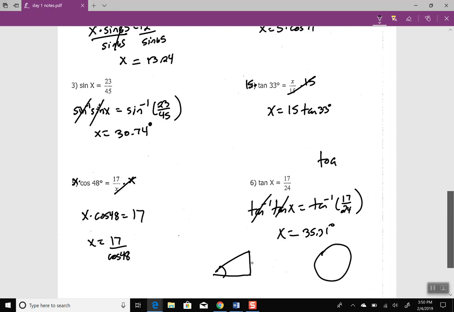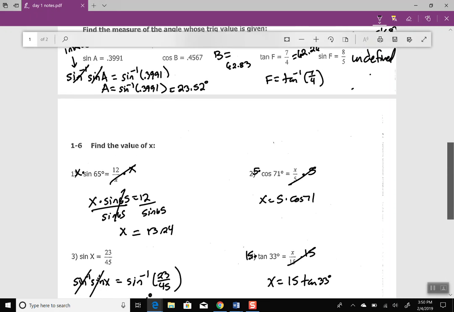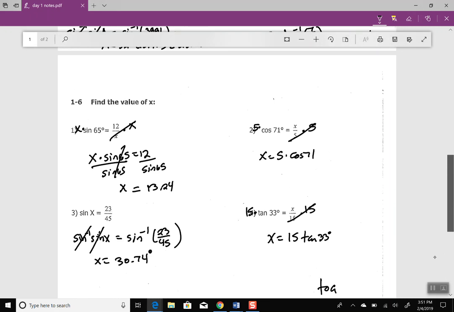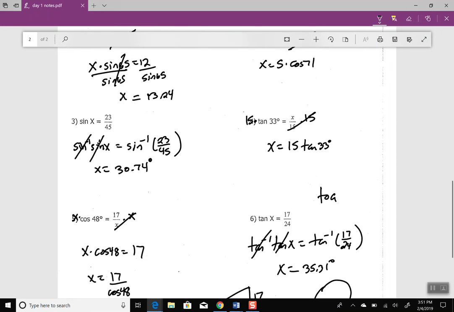So the opposite side must have been 17, and the adjacent side is 24, and you're trying to use that relationship of known values to figure out what this angle must have been. All right. So these ones you can plug in on the calculator. I'll leave it as an exercise. It's not too big of a deal.